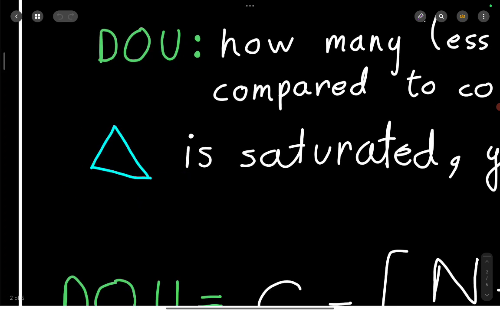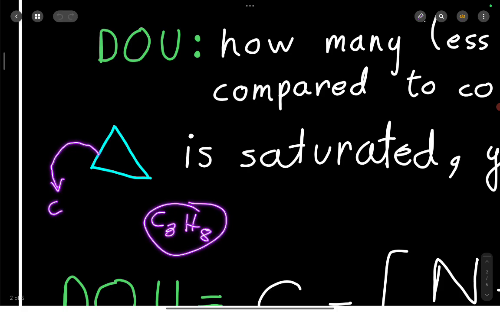And this compound in total has 6 hydrogen. But actual propane has the formula C3H8, but this with the same number of carbon atoms has a formula of C3H6.